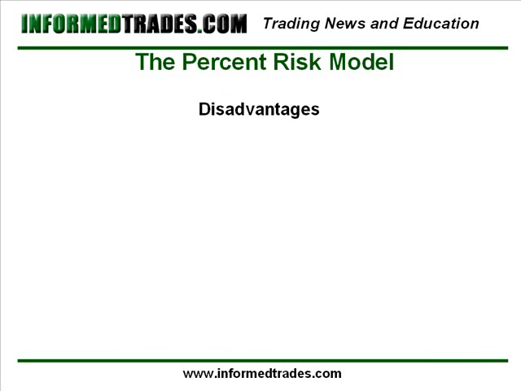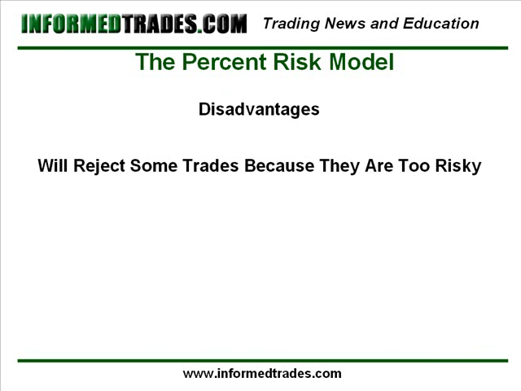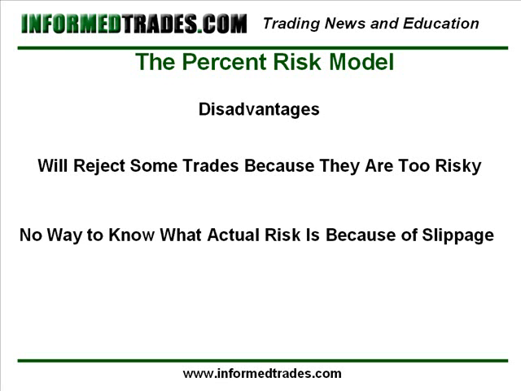Okay, the disadvantages on the flip side of that are it will reject some trades because they're too risky, which the fixed trade size per fixed amount of capital, which we looked at two lessons ago, will never reject a trade. This will, because sometimes you're not going to have enough money in your account to justify the contract size that would need to be traded and still be within your desired risk level. And there's no way to know what the actual risk is because of slippage.